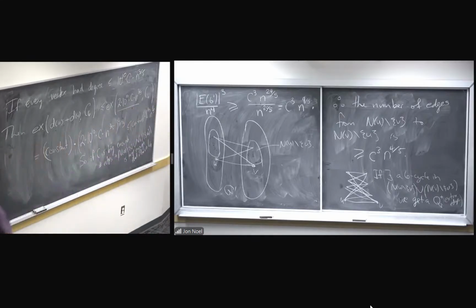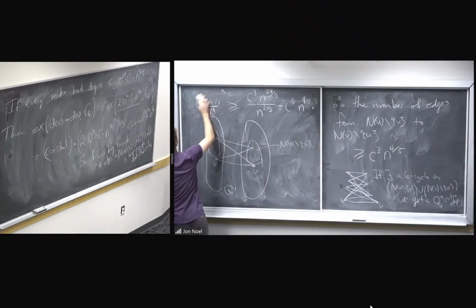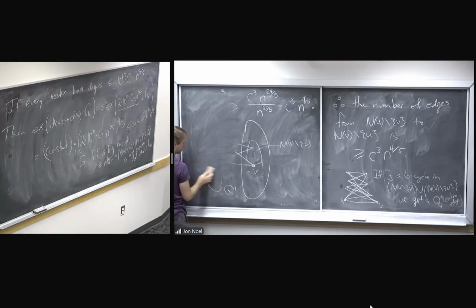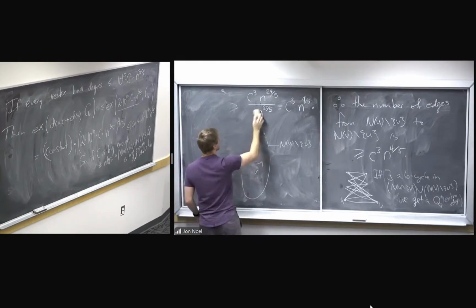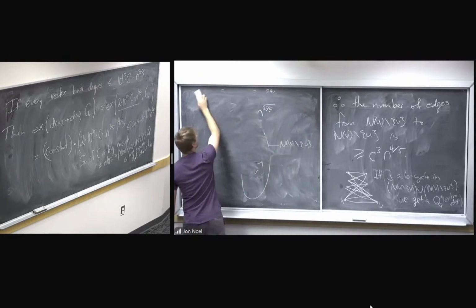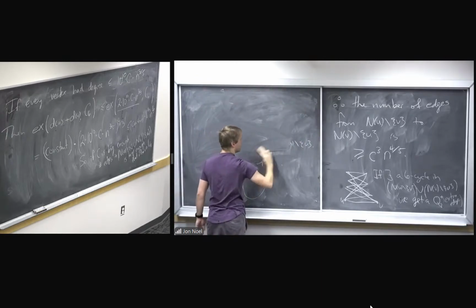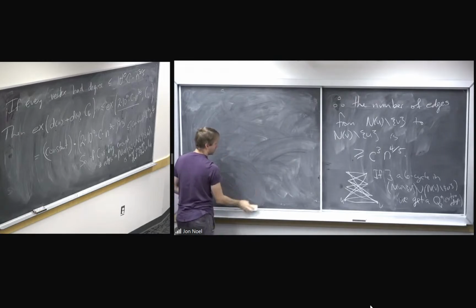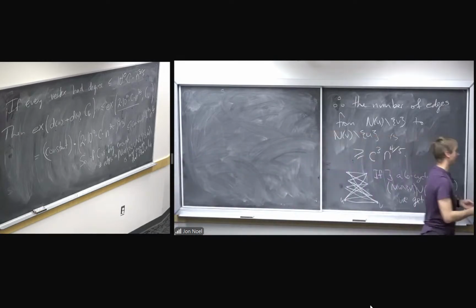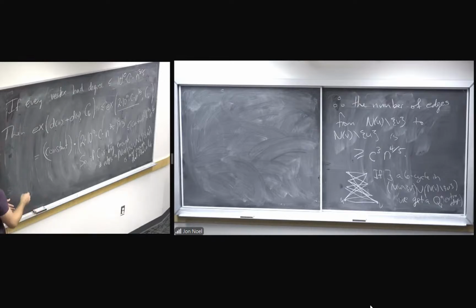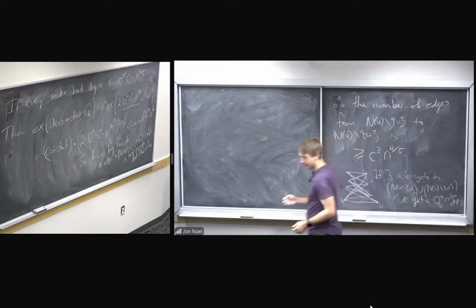So this is basically the whole proof, apart from establishing that we can take a subgraph which has n to the 8 over 5 edges, and the maximum degree is bounded in terms of the average degree. So let's state this technical lemma.